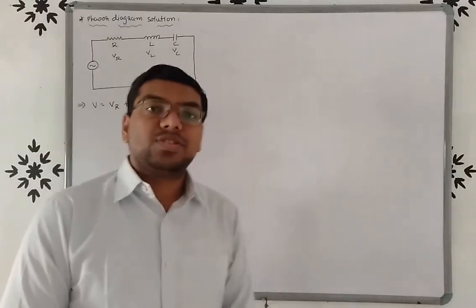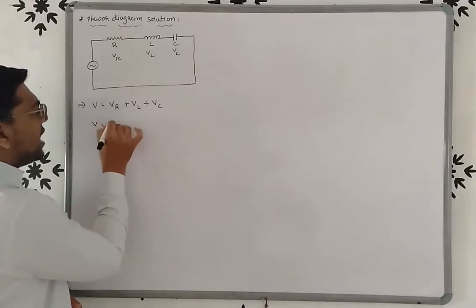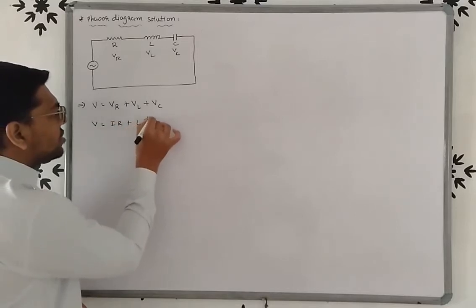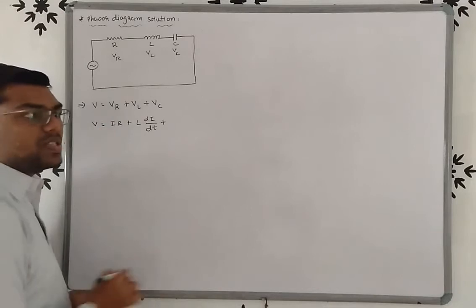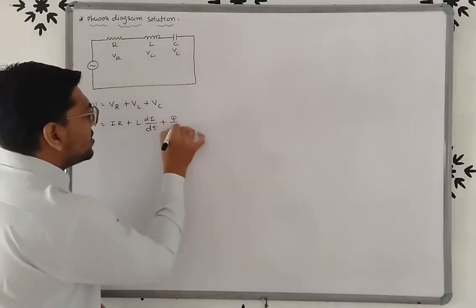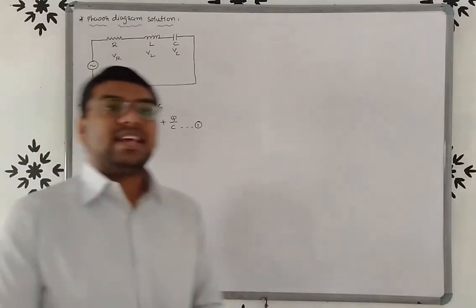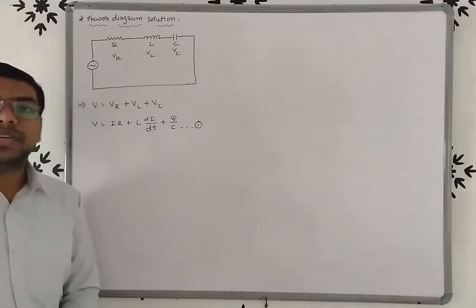V is equal to IR. So the equation will be like this: VR is equal to IR, plus VL is equal to L di by dt, plus VC, where Q is equal to CV, so V is Q upon C, right? So V is equal to VR plus VL plus VC.